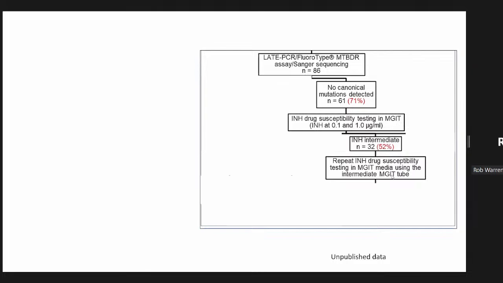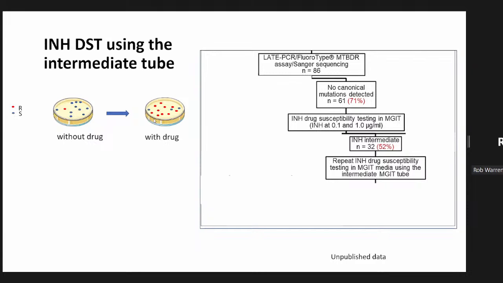So what we did is we asked, maybe we should repeat this intermediate test on MGIT, but using the culture that had shown an intermediate phenotype. In other words, we'd enriched the population without drug, we'd enriched it with drug, and then if we repeated the test, would we now get a resistance classification?